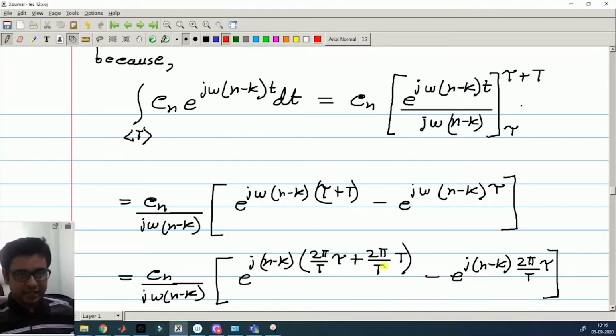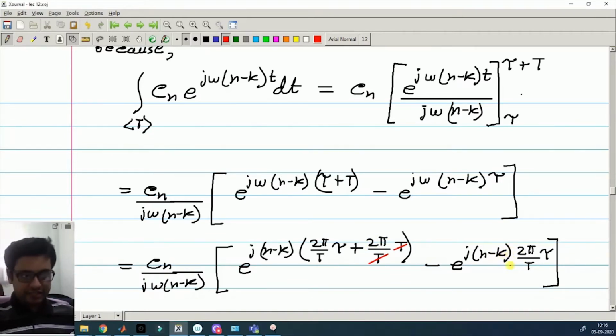Now it is clear that this T cancels, and e to the power j, this thing is a periodic signal, and therefore this 2 pi will have no effect. So these two terms are therefore equal and they cancel.